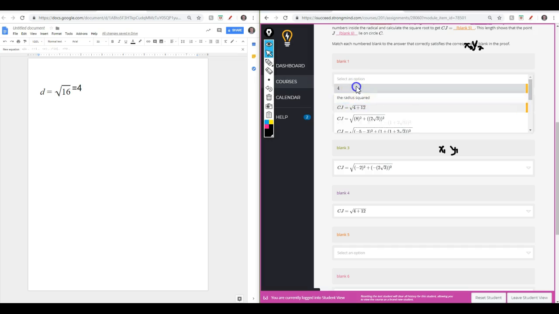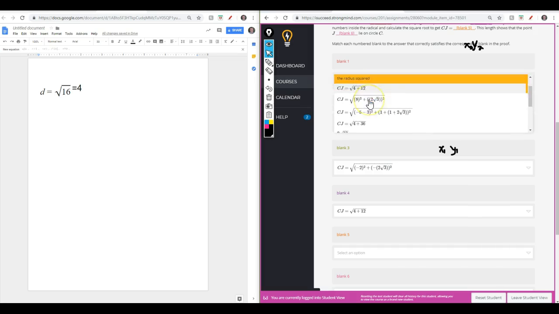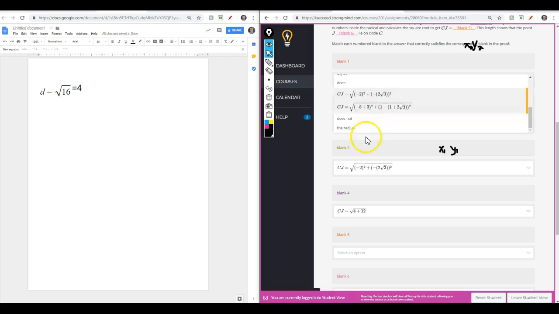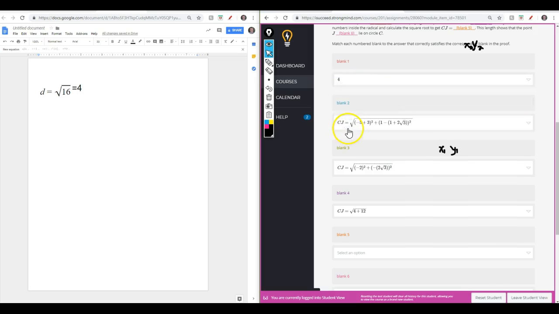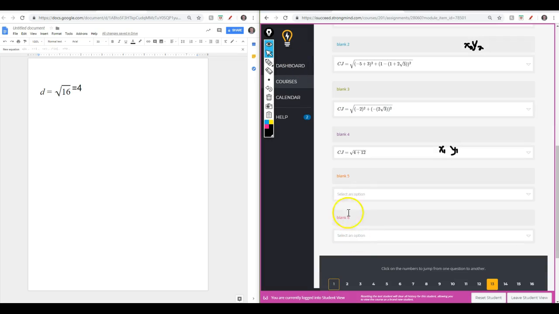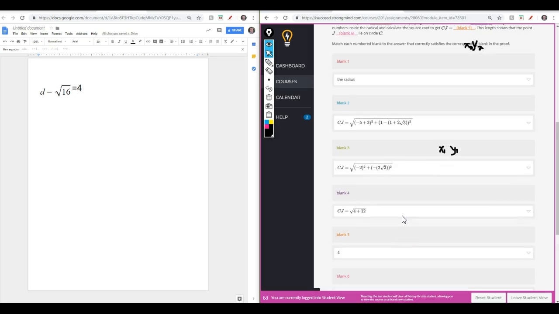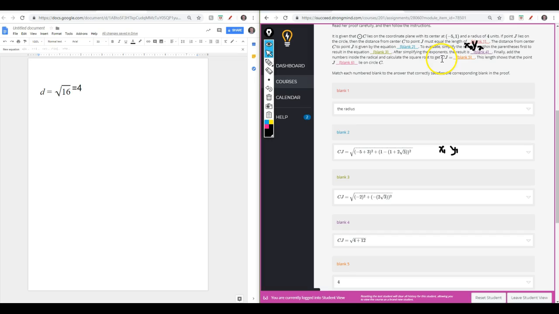Okay, we can only select this once. So then we have blank 1 has to equal the length of the radius. I'm going to say that. And then blank 5, I'm selecting 4. They do include CJ equals, so that's why I switched those and just selected 4.